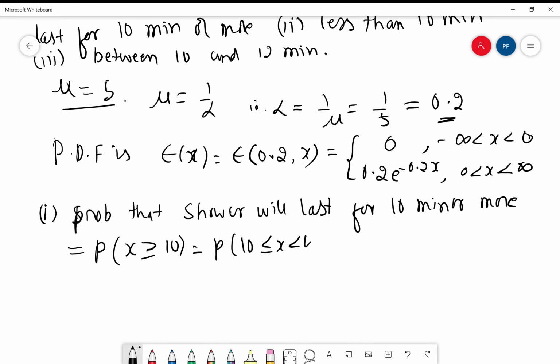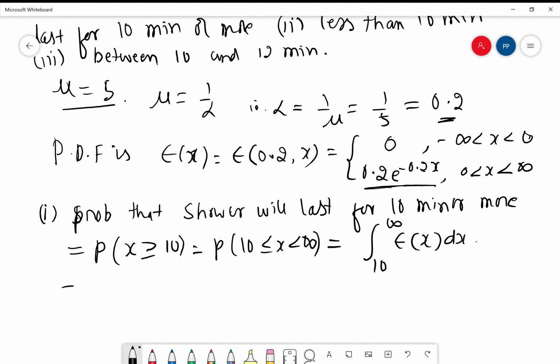x less than infinity, which equals the integral from 10 to infinity of this function f of x, which is the PDF, dx. Now this belongs to the positive interval where the value of the function is 0.2 times e power minus 0.2 x.